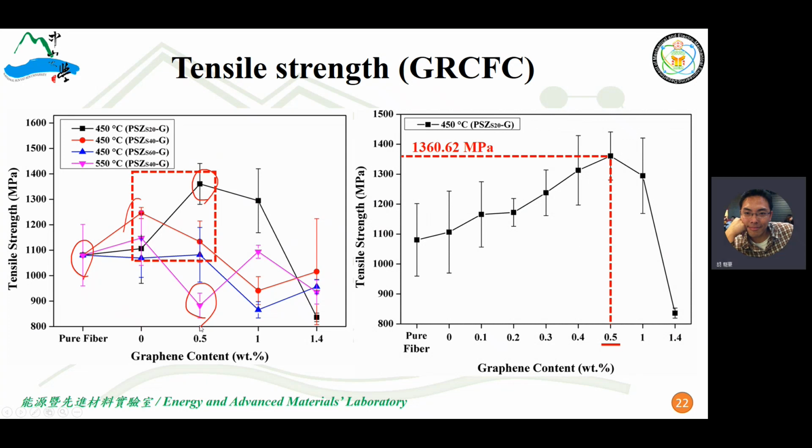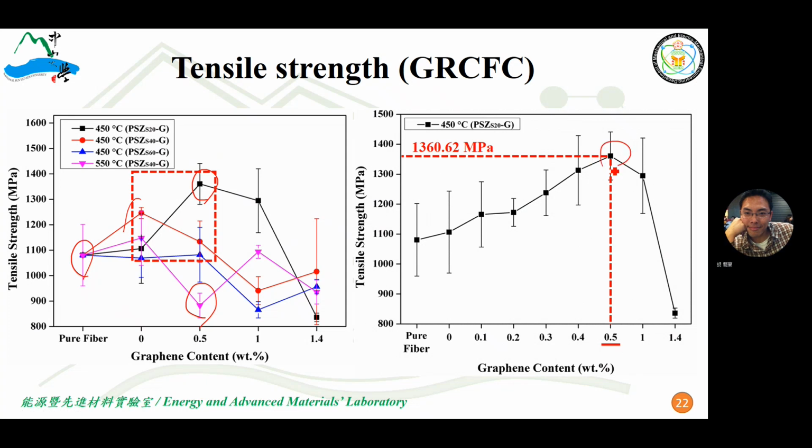Okay, so therefore, we can have a conclusion about the effect of graphene content on tensile stress. We can find the highest tensile stress enhancement by the graphene is about 0.5.